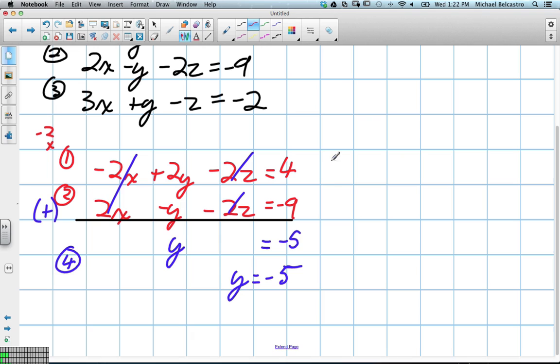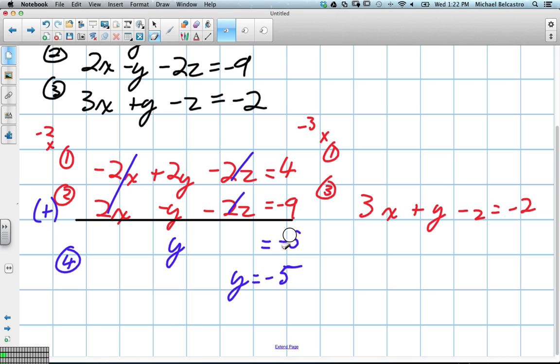So I'm going to use equation 1 again, but this time I'm going to multiply it by negative 3. And the reason being is because equation 3 has a coefficient on x of positive 3. Oh, you're right. Good, we caught that mistake way before this. This should be negative 4z is equal to negative 5.